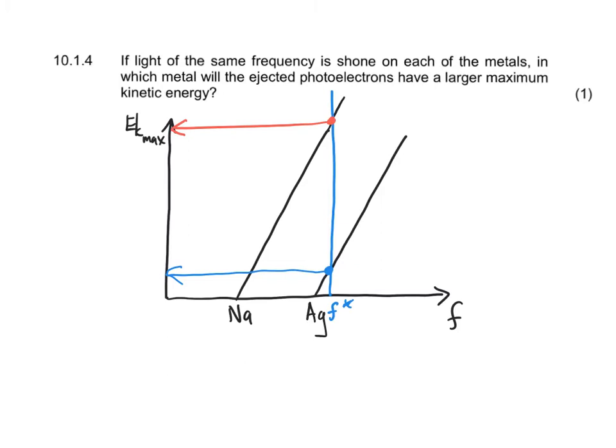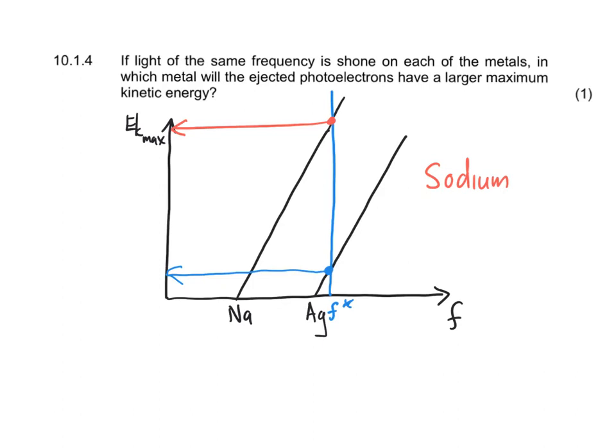And so the answer, and it is only for 1 mark, is sodium. It says, in which metal will the ejected photoelectrons have a larger maximum kinetic energy? And the answer is sodium. Now, it is only for 1 mark, but the conceptual understanding is quite deep, because we can see from interpreting the graph that the answer is sodium.